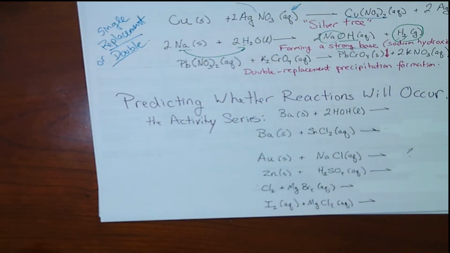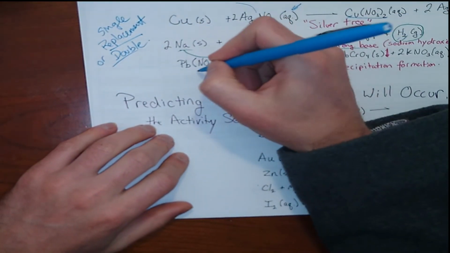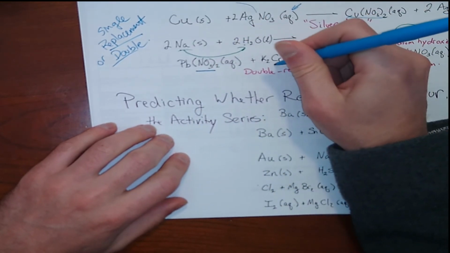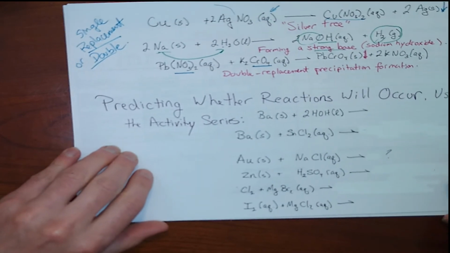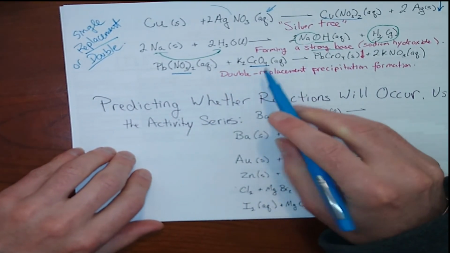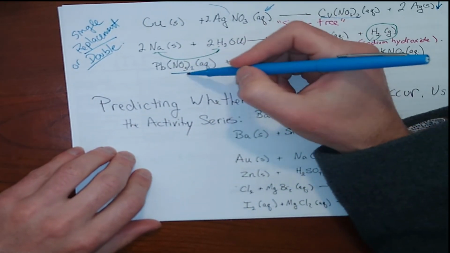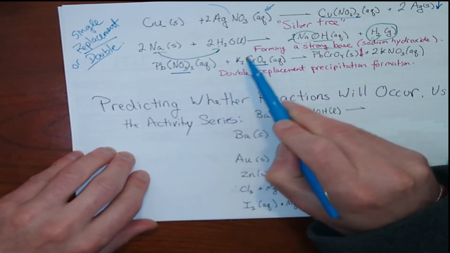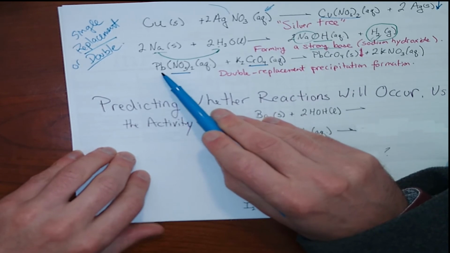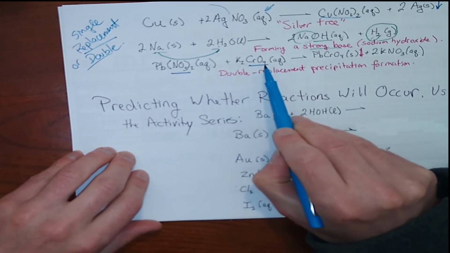So we have, in these compounds, when they're in solution, the nitrate ion and the chromate ion. I haven't given you an activity series for ions like this, oxyanions, but in general, nitrate is a pretty active ion compared to chromate. So the potassium is more active than the lead, and the nitrate is more active than the chromate.